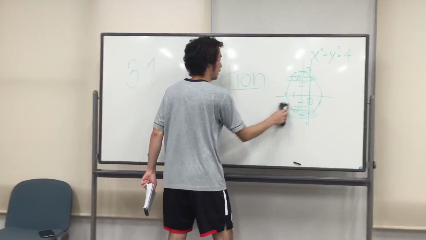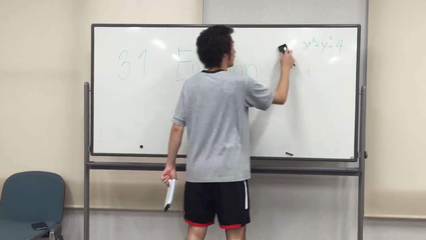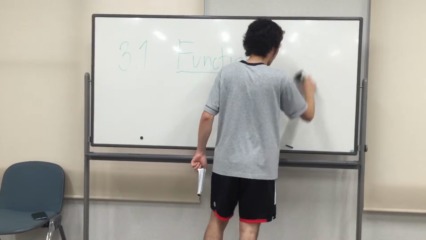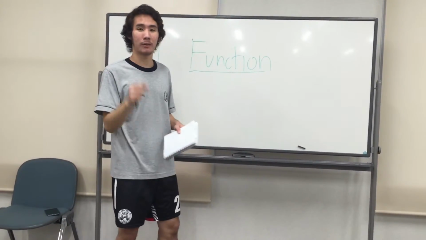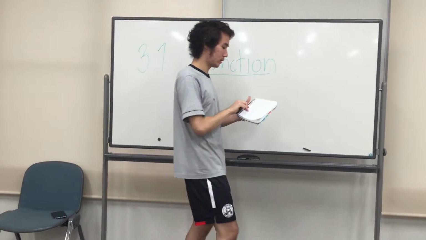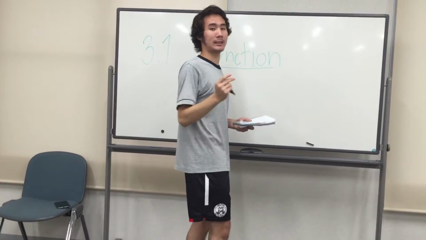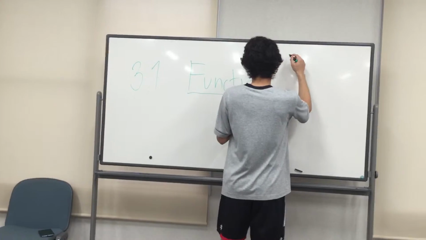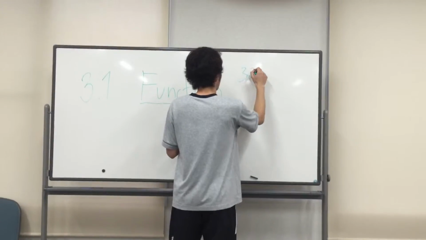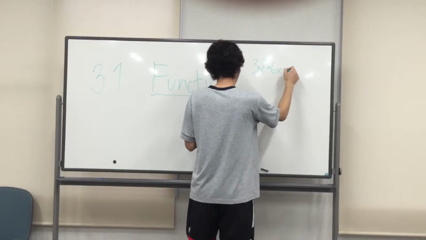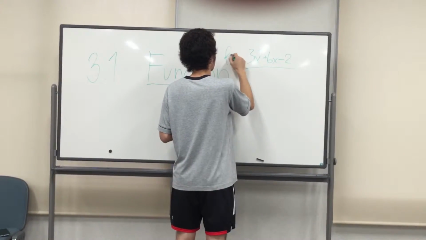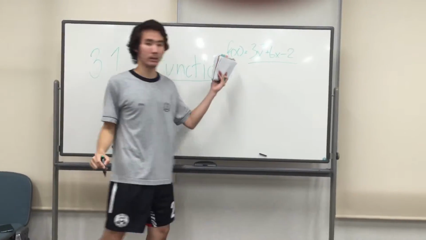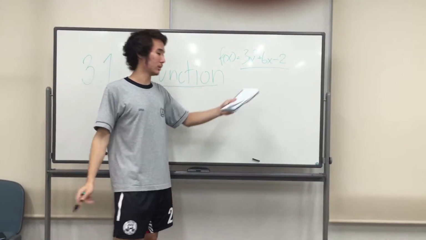So next thing, some last examples. In every function, you should have a domain and range. So moving on, last example, alright? I'll do it fast. Okay. f(x) equals this function.